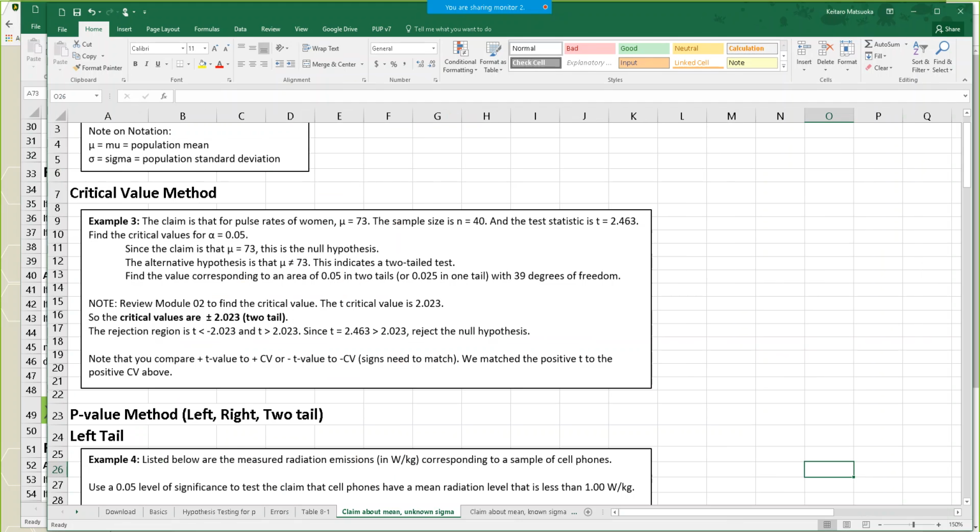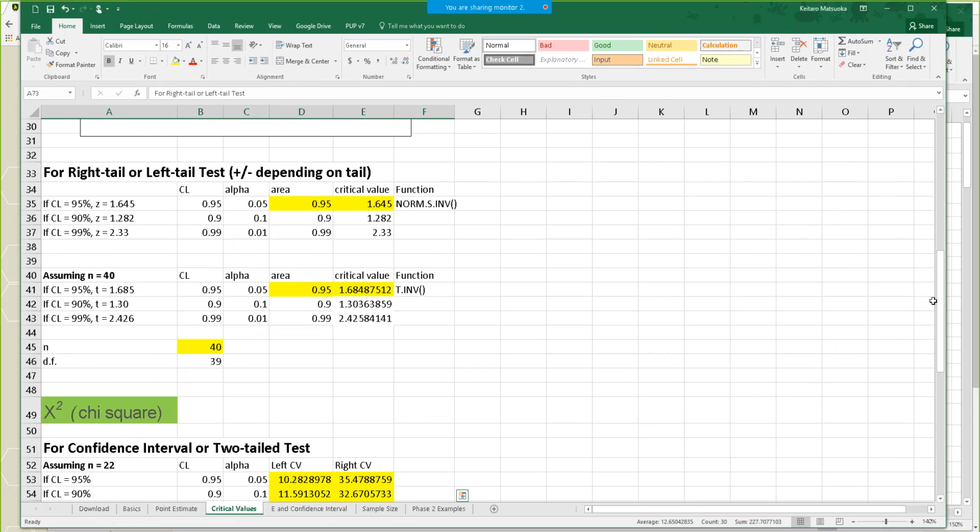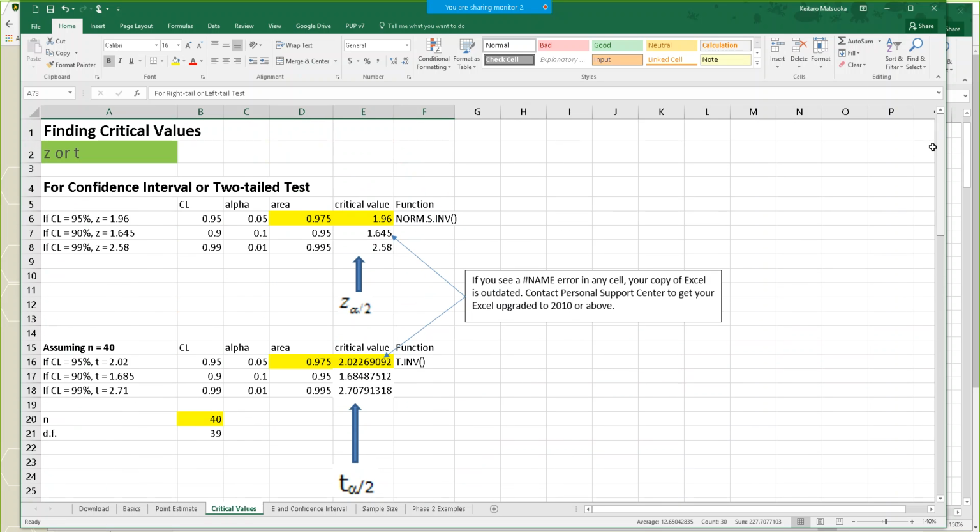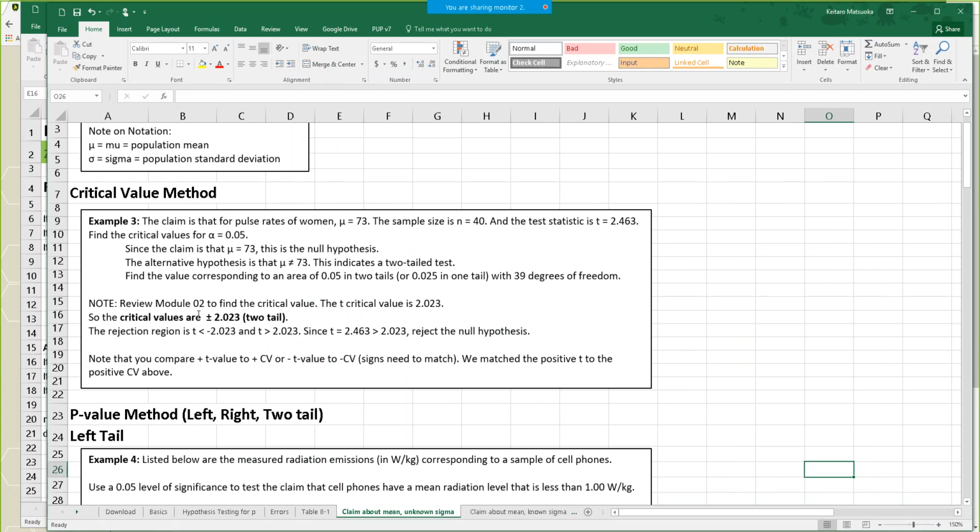So we're going to be looking at two tail and T, right? Yeah. So this value right here. Because we don't know sigma, you know that we have to use T. So for the critical value, it's going to be 2.02. And that's what I have over here.